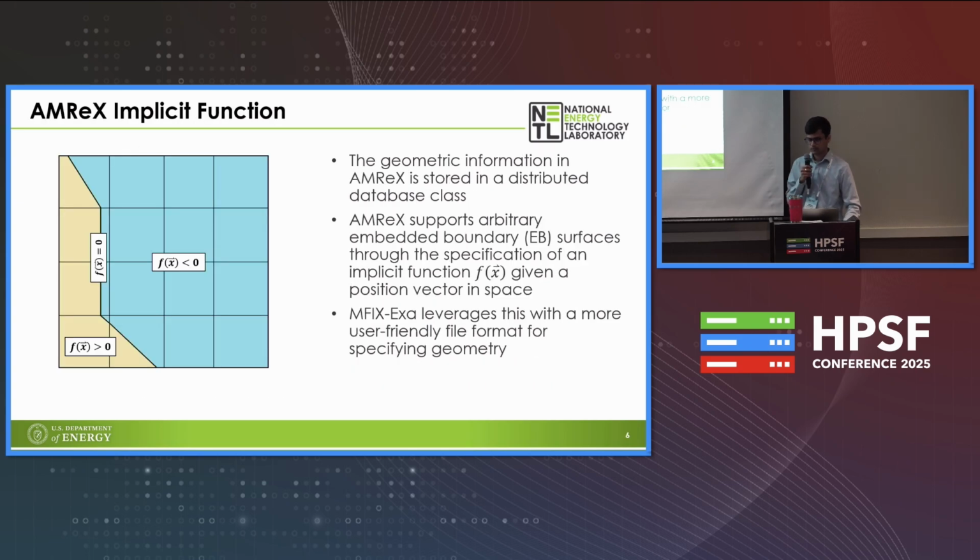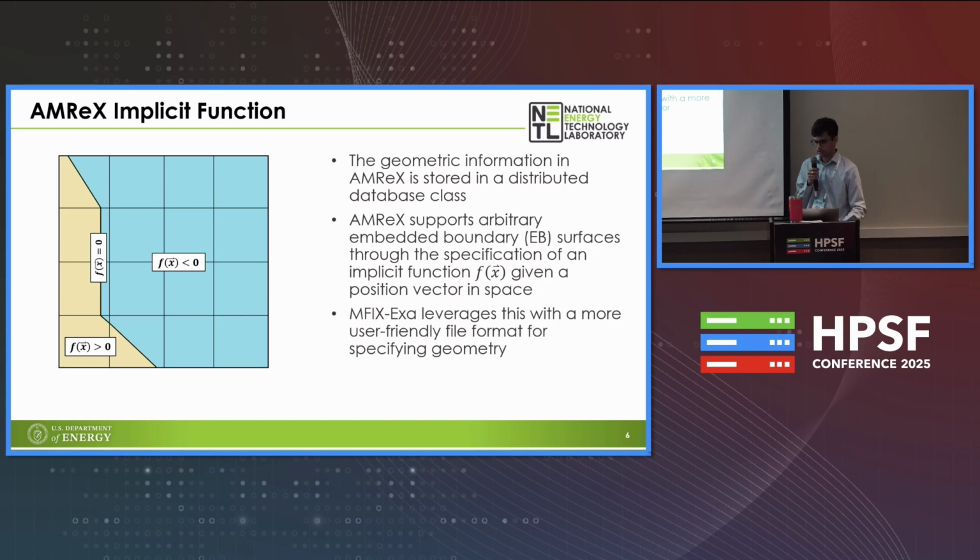Having an idea of the kind of geometry we're targeting, if we look at the support provided by AMReX, AMReX provides a distributed embedded boundary database class which stores all the cut cell information such as the cell centroids, area fractions, etc. And this is stored in its own grid across the multiple processes.